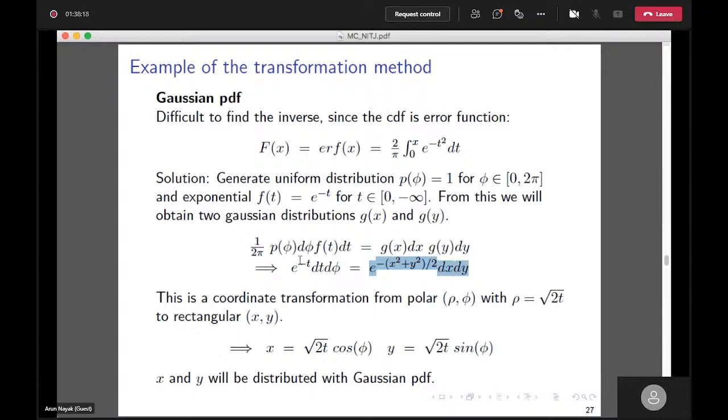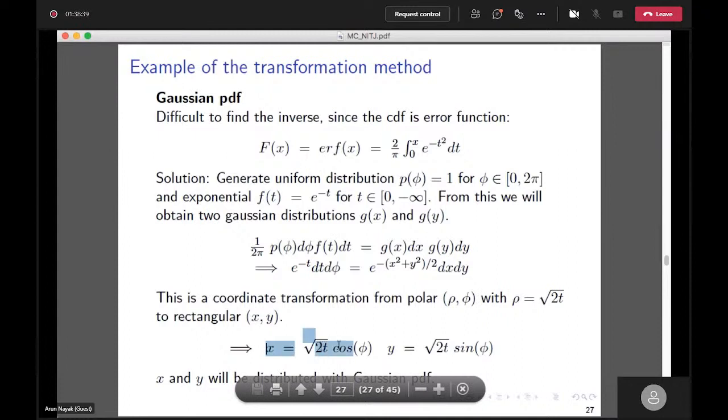Now you can do a transformation of coordinates from rectangular to polar, with r equal to square root of 2t, and then you will get x is square root of 2t times cos phi, and y is square root of 2t times sin phi.